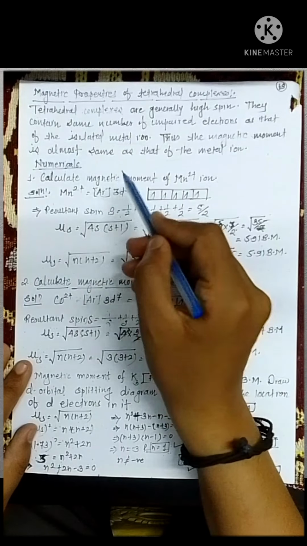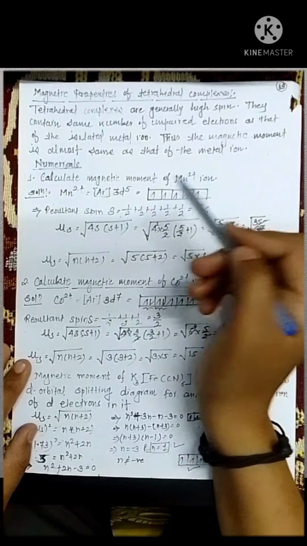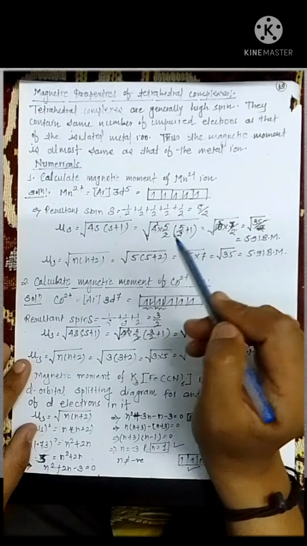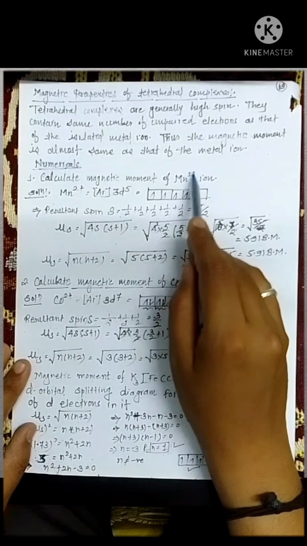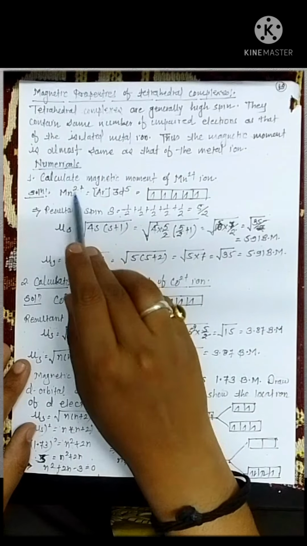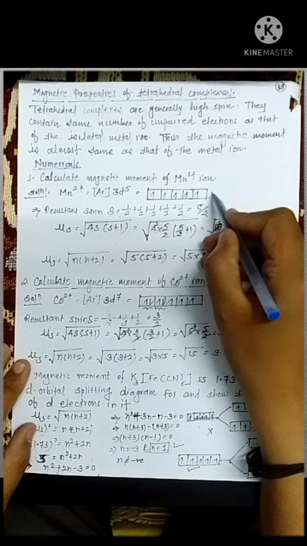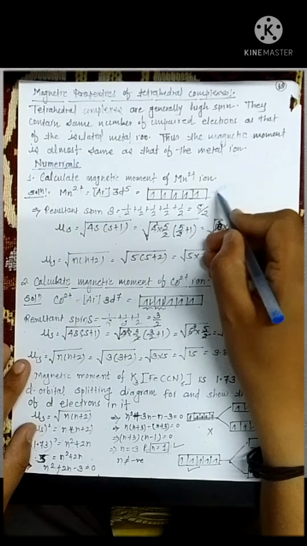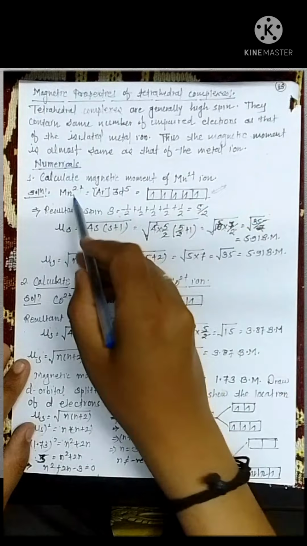Now we are going to see some numericals based on the 3d series formula. Calculate the magnetic moment of manganese 2+ ion. The electronic configuration of manganese 2+ is [Ar] 3d5. This is the diagram for the electronic configuration of manganese 2+.